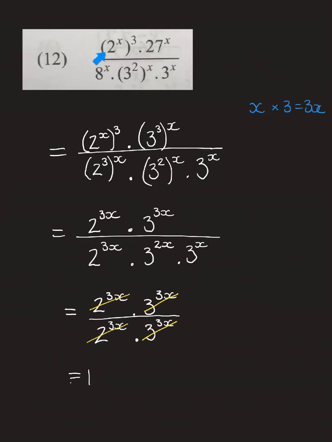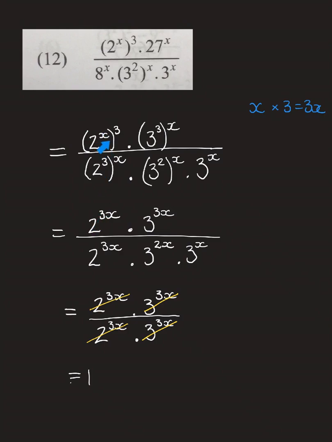So this particular question is testing the exact same thing as the previous question. We're looking for if you can change things to products of their prime factors. So 27 is the same as 3 cubed, and 8 is the same as 2 cubed. The next thing the previous question tested was, do you know that an exponent raised to an exponent are multiplied by each other?